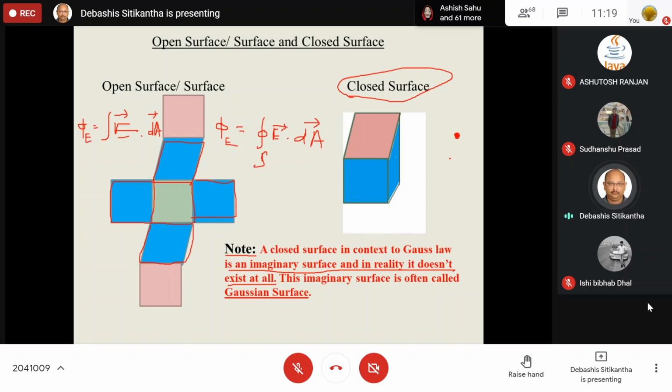So if this is the condition, can anybody tell me what will be the type of closed surface which is going to enclose this point charge symmetrically in all directions? Sphere. Exactly, very good. It will be a sphere.